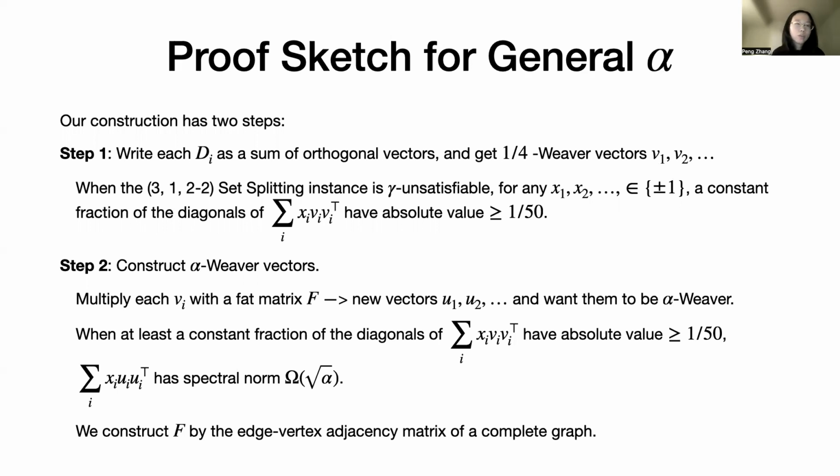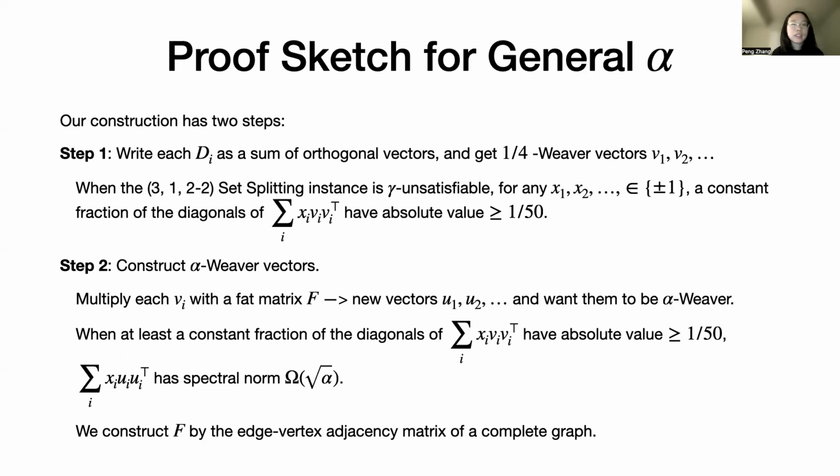We want that when the 3-1 2-2 set splitting instance is gamma-unsatisfiable, for any signs x_1, x_2, and so on, if we look at the matrix, the sum of x_i v_i v_i transpose, a constant fraction of the diagonals of this matrix have a large absolute value. Our second step constructs alpha Weaver vectors based on these vectors v_1, v_2, and so on.